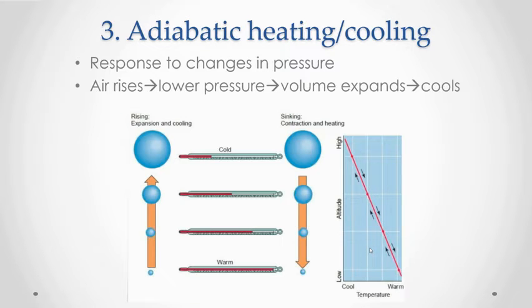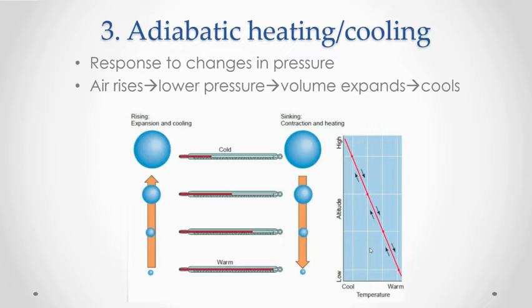Another property of air is what's called adiabatic heating and cooling. A certain amount of air, we're going to call it a parcel. As a parcel of air changes size, it also cools or heats up. Let's say, starting on the bottom left, you have a small parcel of air that's fairly warm.